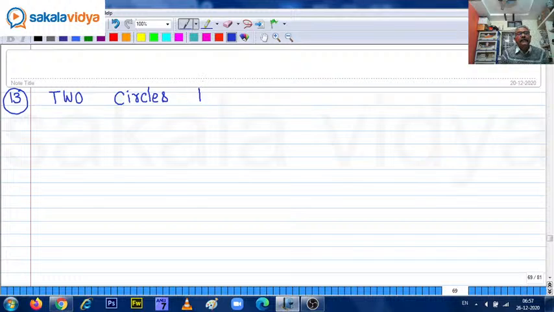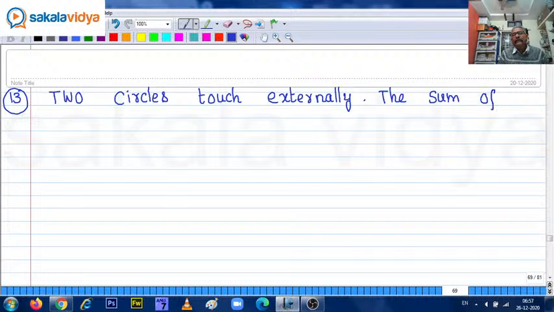Two circles touch externally, the sum of their areas is 130 pi square centimeters.